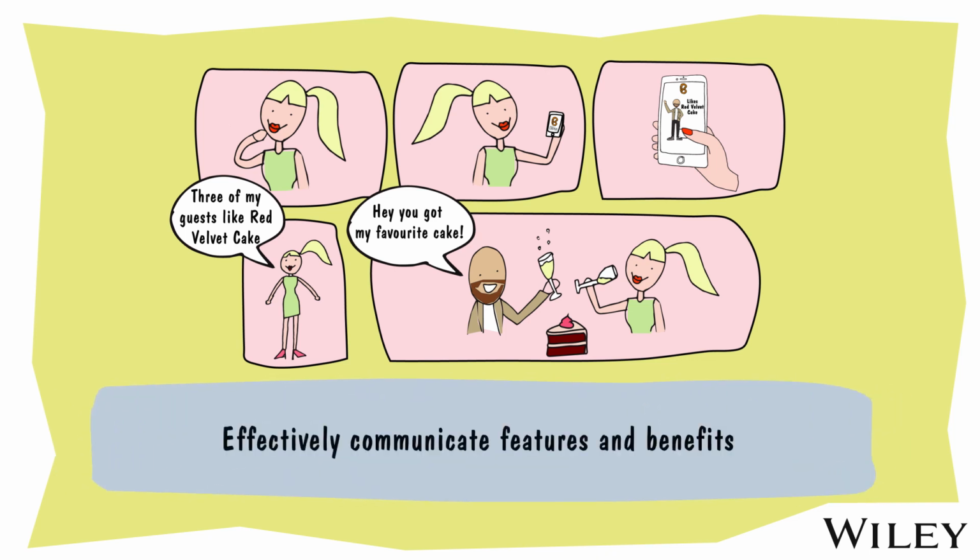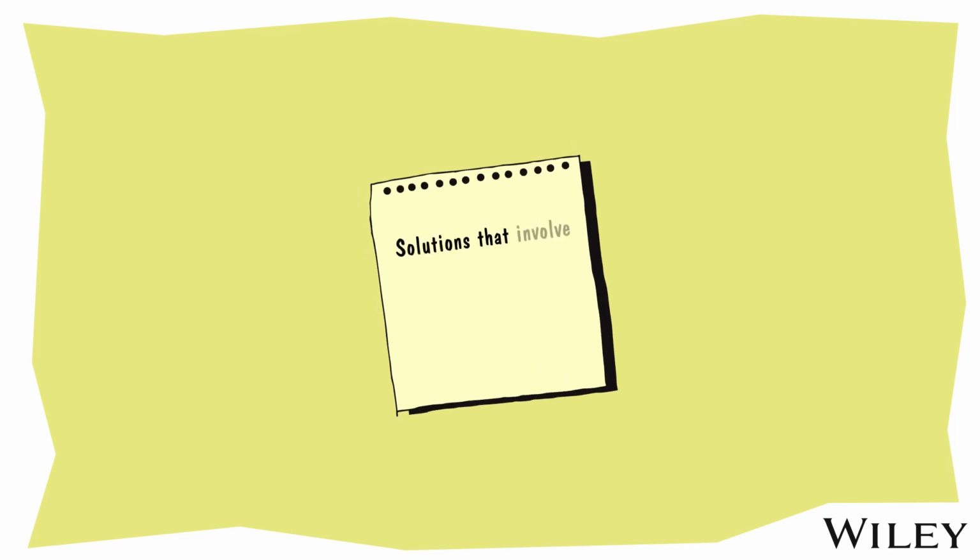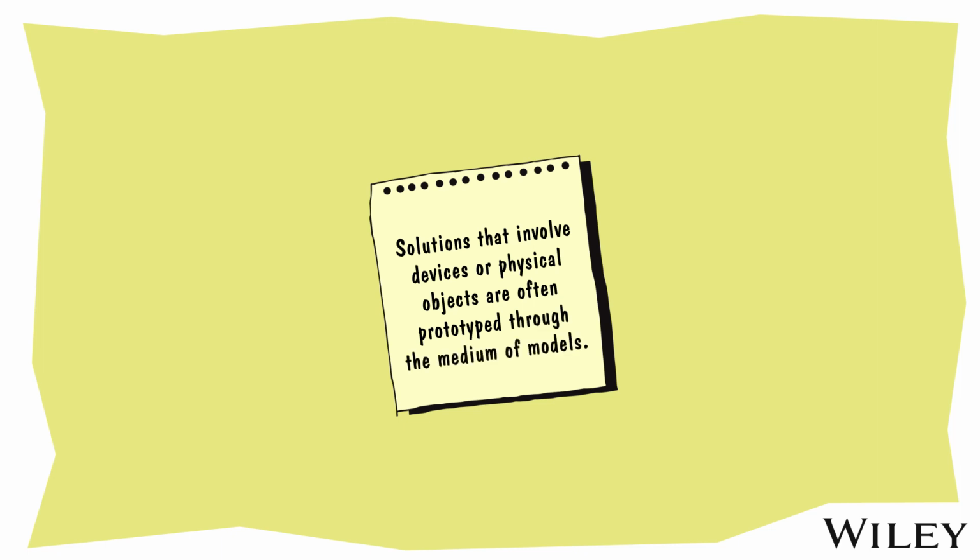Storyboards can be used effectively to communicate both features of the solution, how it works, and benefits of the solution, how it improves the lives of users. Solutions that involve devices or physical objects are often prototyped through the medium of models.